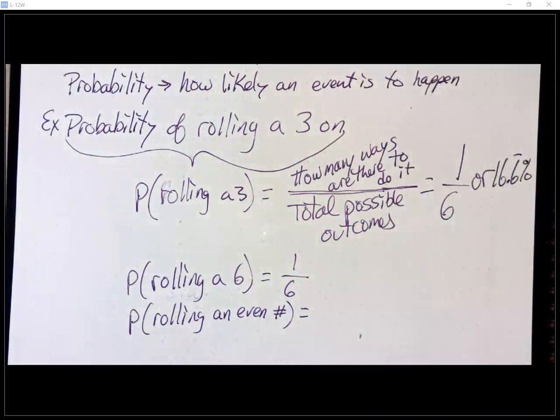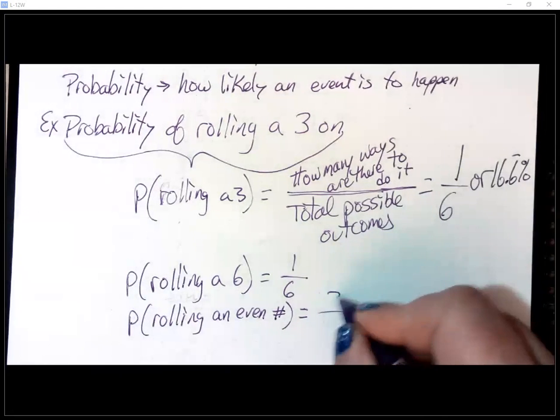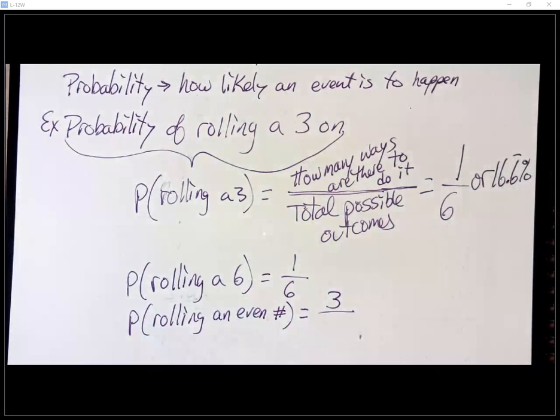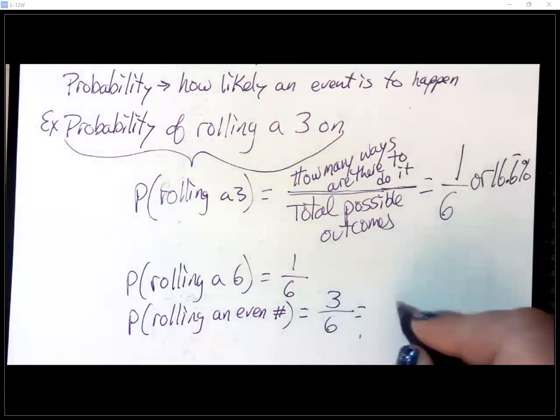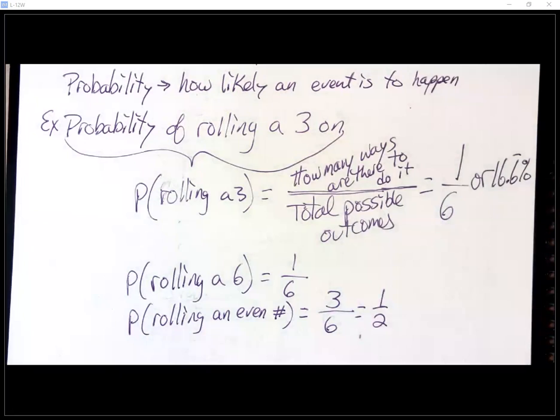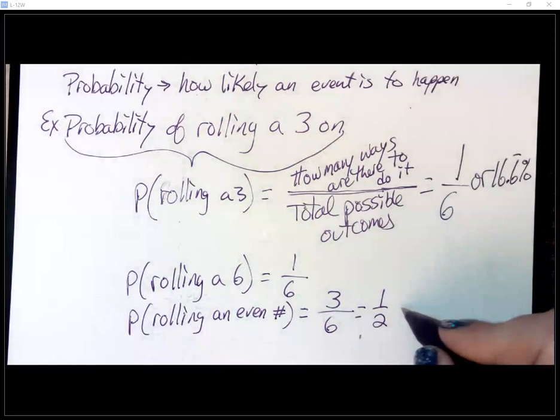There's 3 even numbers, right? 2, 4, and 6. So there'd be 3 ways to do what I want to do. There's still 6 possible outcomes though, right? So it'd be 3 out of 6 or just a half. So you have a 50% chance or 1/2 of rolling an even.